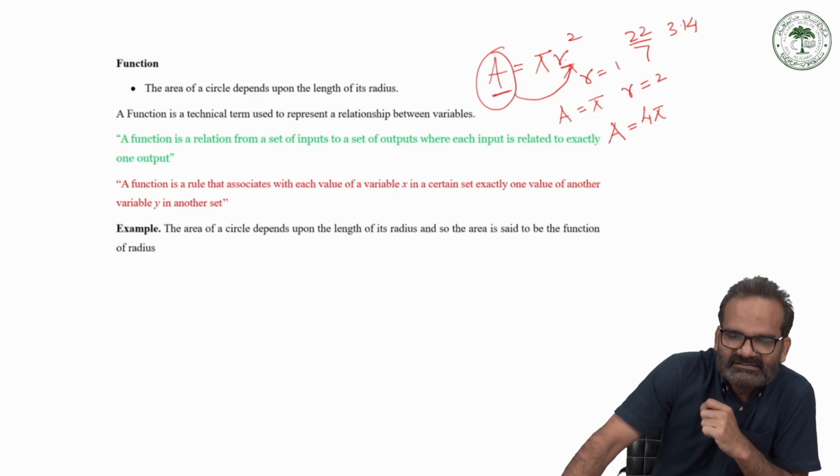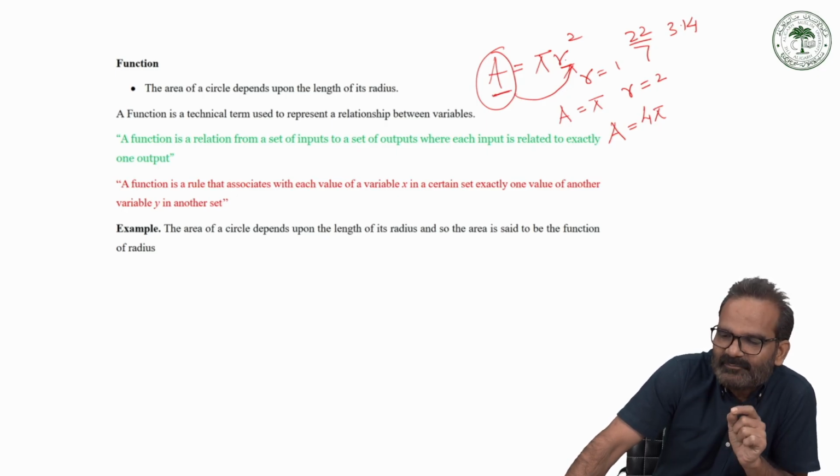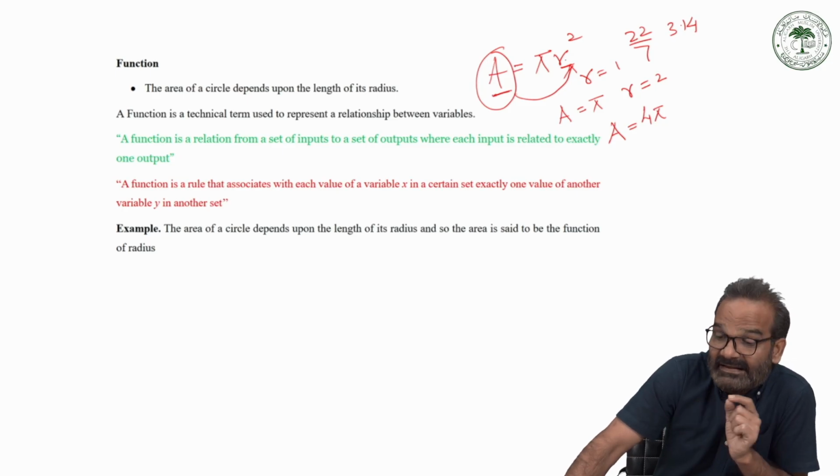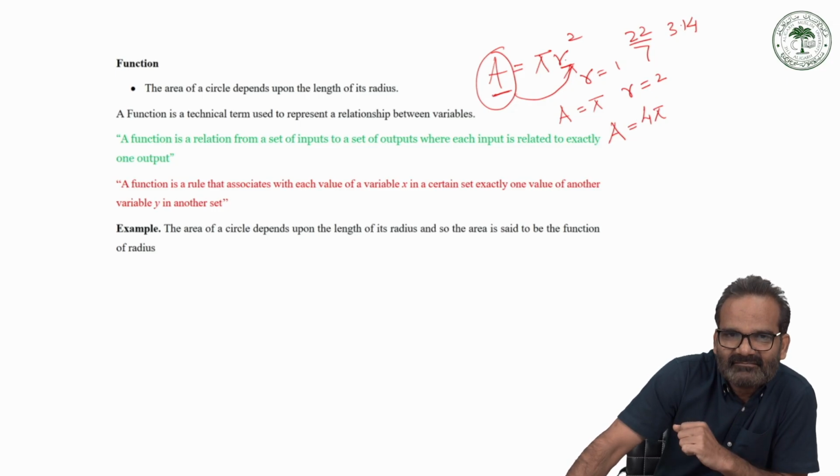A function is a relation from a set of inputs to a set of outputs, where each input is related to exactly one output. Another way a function can be defined is as a rule that associates with each value of a variable x in a certain set exactly one value of another variable y in another set, right?